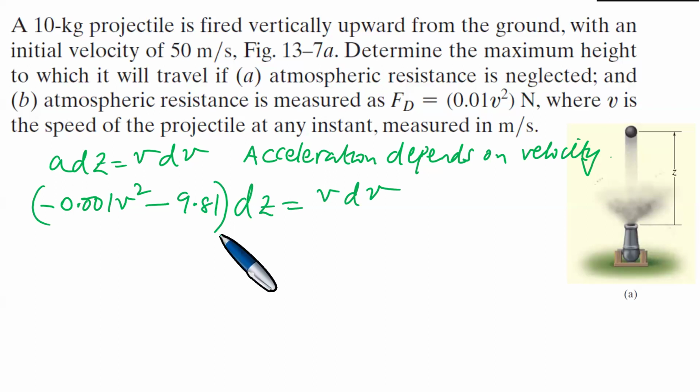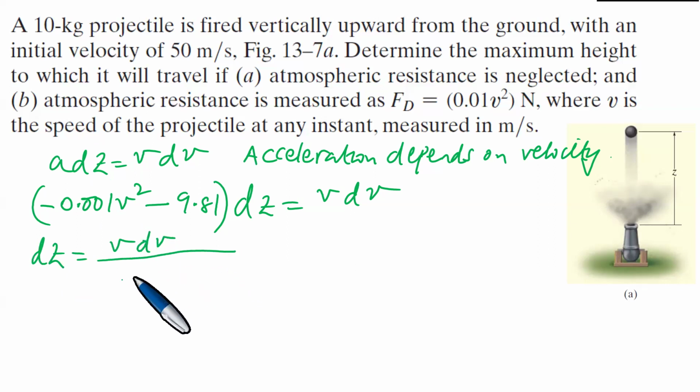Now we actually want to get the maximum height. To get the maximum height, we want dz, so we make dz the subject. dz becomes V dv divided by minus 0.001 V squared minus 9.81.